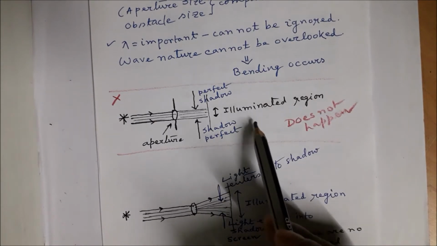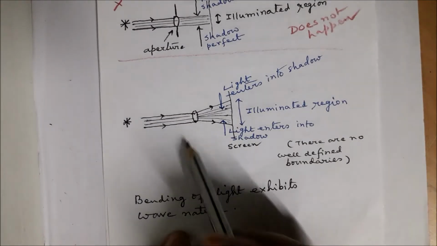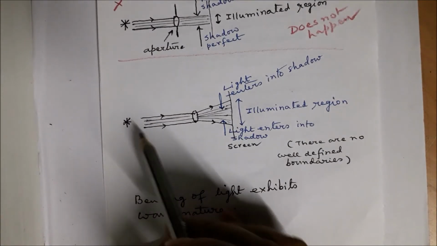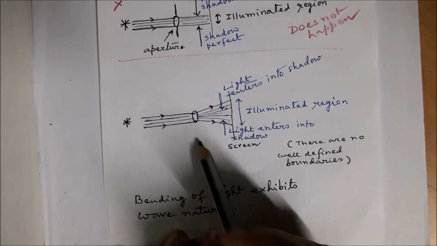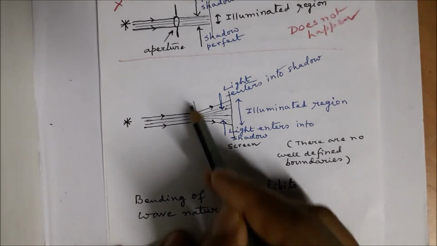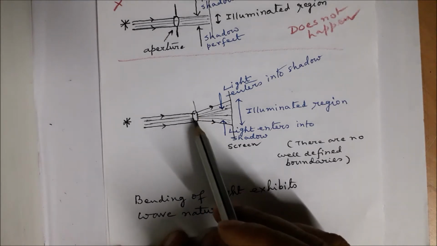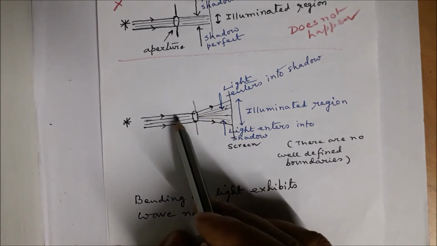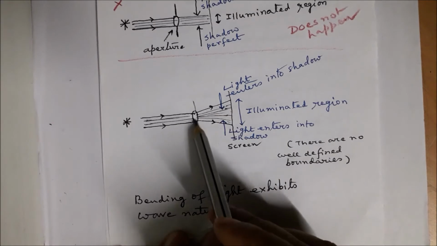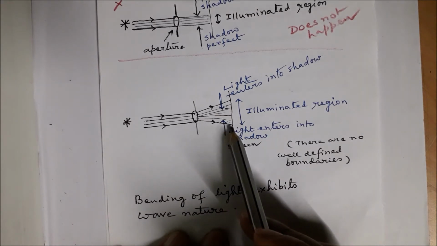But this doesn't happen. What happens is shown in this following diagram. Here is the light source. Light is moving and it hits the aperture. This is the aperture, and at the aperture there is bending. So light bends into the shadow region.